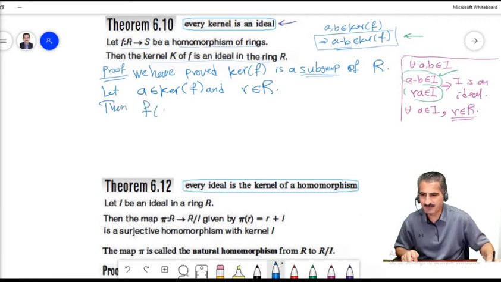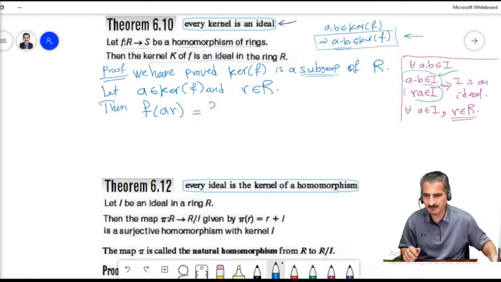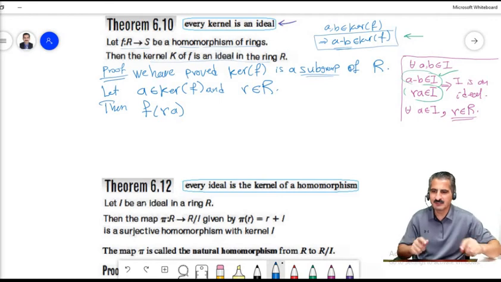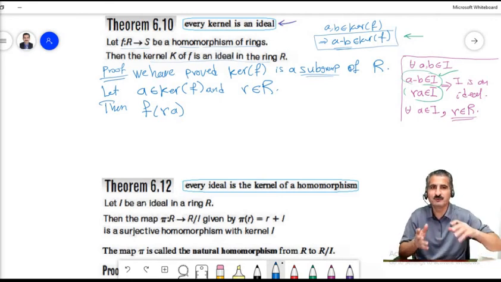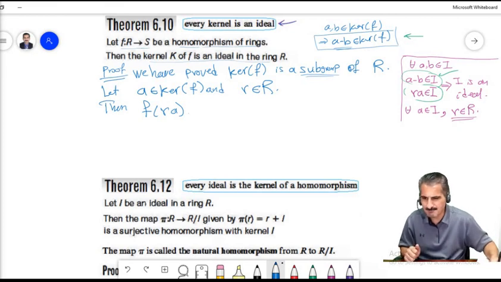Then f of a times r equals r a or a r, whatever. So we will stick to ra. We don't know, ar and ra might be different, so we will prove both of them. Okay, let's see.